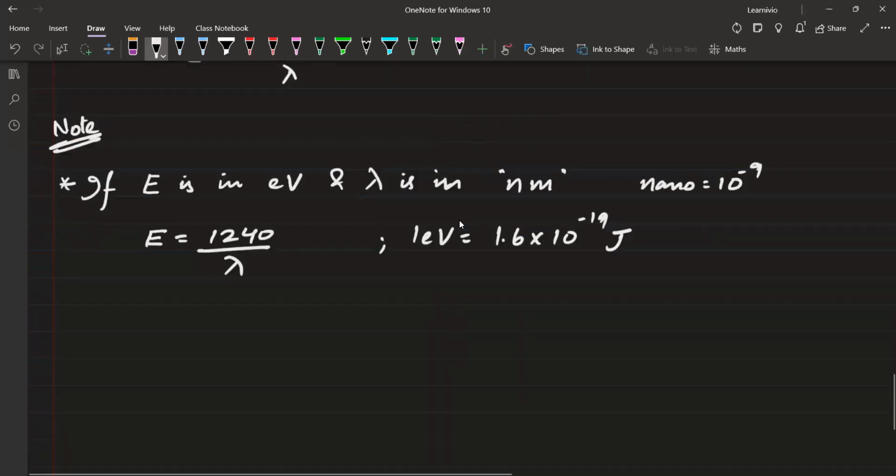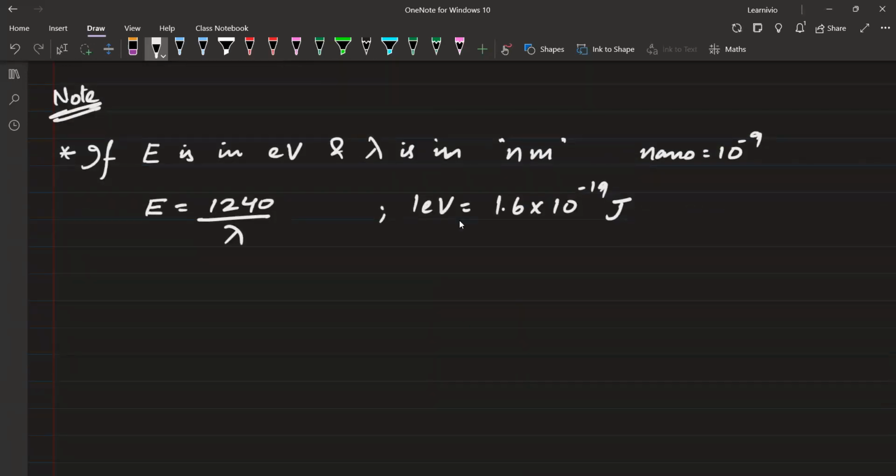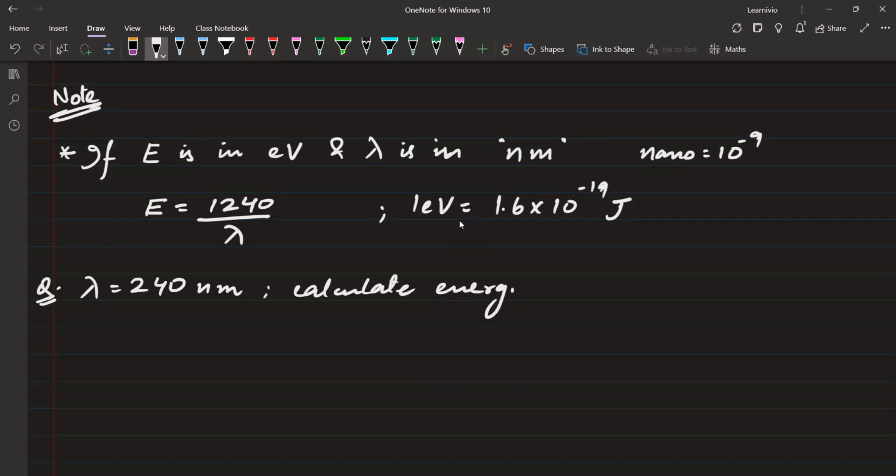जैसे कि अब आपको हम एग्जाम्पल भी बता देते हैं. For example, lambda is equal to 240 नैनोमीटर. ठीक है, 240 नैनोमीटर. Asking: calculate the energy associated with the wave. ठीक है, तो कैसे सॉल्व करना है, बहुत आसान है.